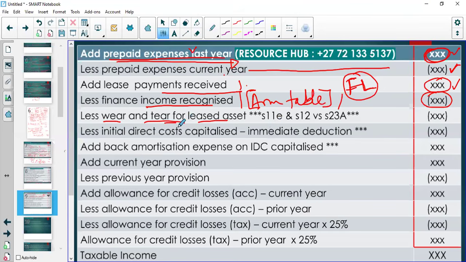So what SARS says is you can deduct wear and tear for that thing which you have leased, right? For the asset you have leased, you can deduct using Section 11E and Section 12. But you are restricted by Section 23A. So the maximum deduction you do in a year is limited by the payment that you're going to receive. So if you are receiving 2,000 and the wear and tear would be, you could claim 5,000. You are not allowed to claim the 5,000 because you are claiming 5,000 on an asset and you're receiving 2,000 on the asset.